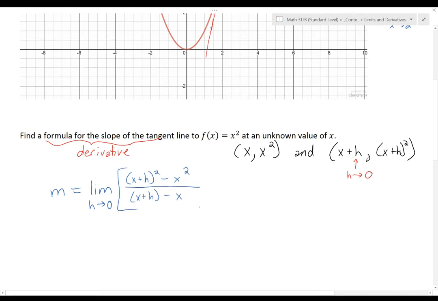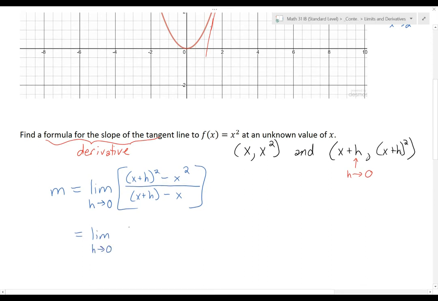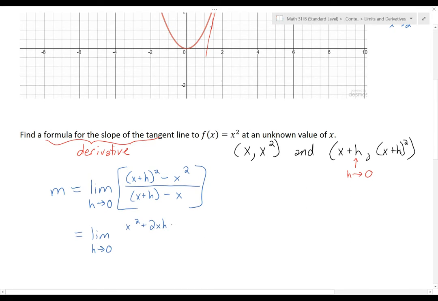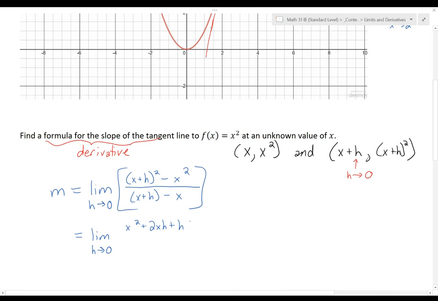Or in other words, if I distribute and simplify this a little bit, the limit as h approaches 0 of x squared plus 2xh plus h squared minus x squared over the denominator where the x's cancel, so I just have h here.